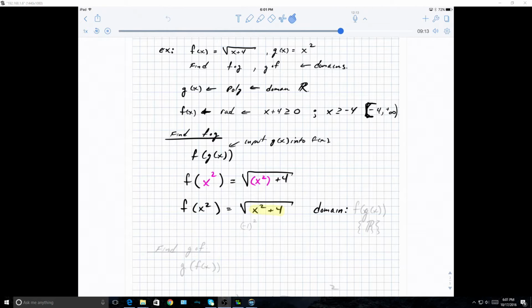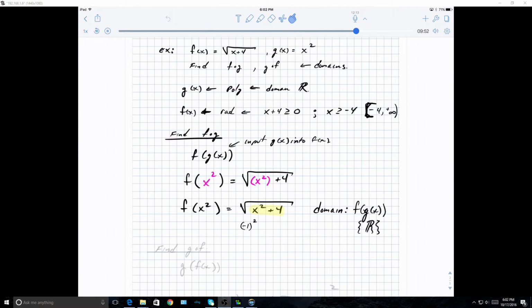So the domain for f of g of x is actually the set of all real numbers. Which is really nice, because any number that you pick, you can just think about this logically, negative 1 will work, because negative 1 squared will always give you a positive. So any number that you pick is going to work out in this example. So we now know that this shares the same domain as g of x.